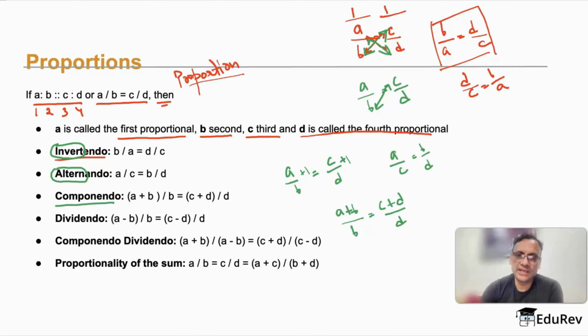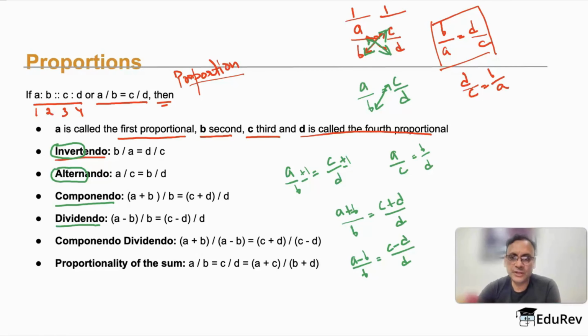Now instead of adding 1, I can also do a minus 1. And if you do a minus 1, you will get A minus B by B is equal to C minus D by D. And this is called dividendo. Componendo, dividendo.